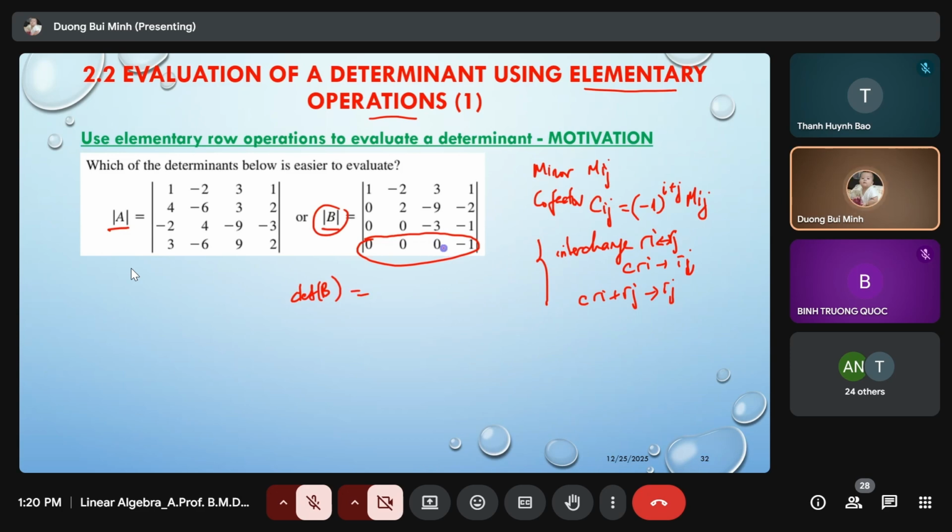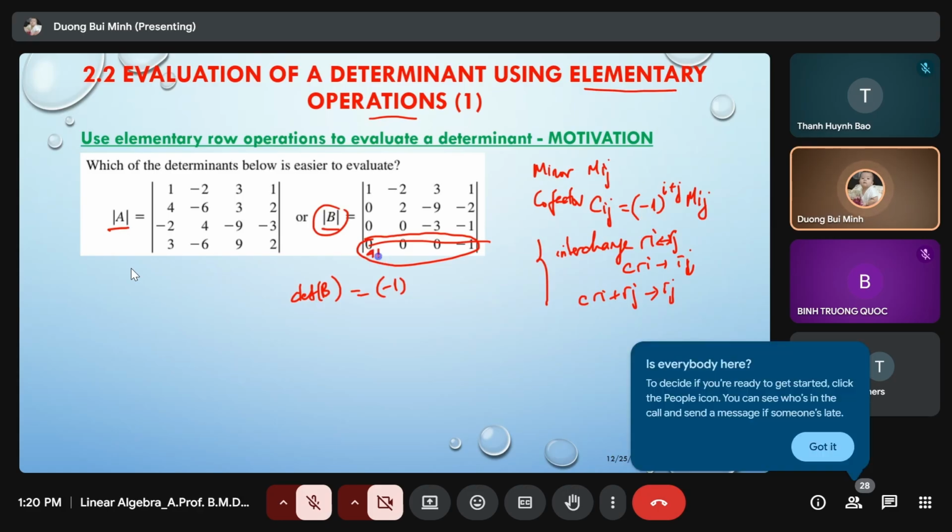You select this one, so you have minus 1 to the power of the row plus column index, and then we have M_34.